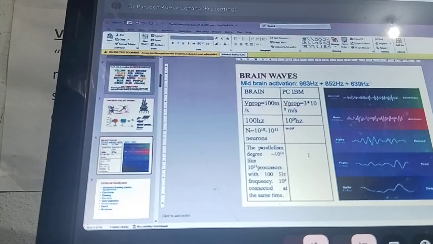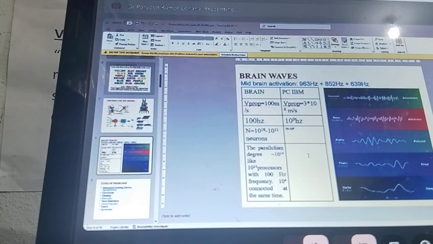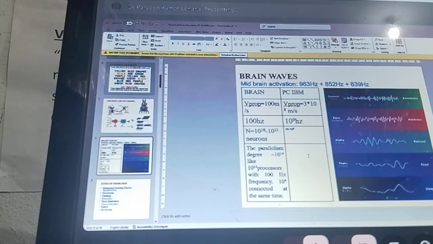If we try to simulate a brain in electronics, the size of the chip, the size of the IC, will be around 20 kilometer by 20 kilometer by 20 kilometer.